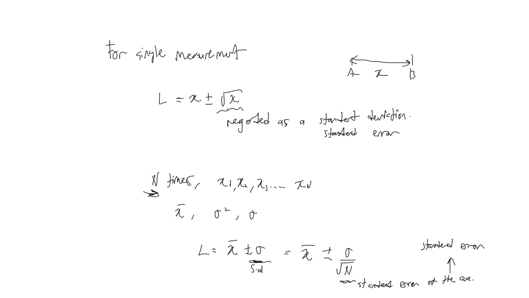So in the future, if you perform this experiment only once, not repeating n times, the standard error in that single measurement is the standard deviation.